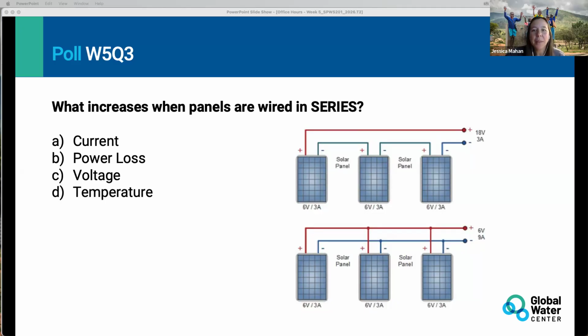Yeah, so a lot of votes for voltage. So yes, when we wire panels in series, we are increasing the voltage. So that would be the top figure here in our diagram. So we're connecting panels together in a positive to negative wiring.